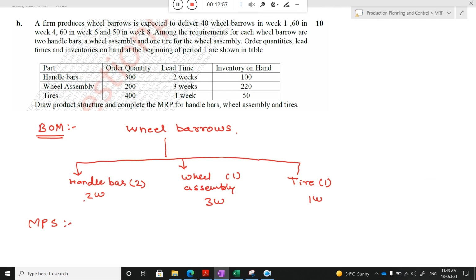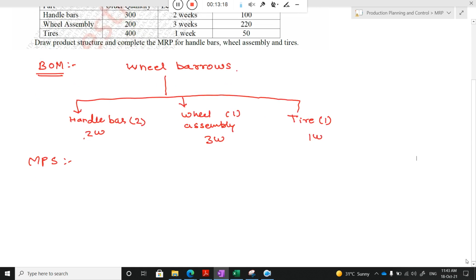So everything is interconnected. Please try to understand. You already know about forecasting, and on the basis of the forecasting you can create the master production schedule.